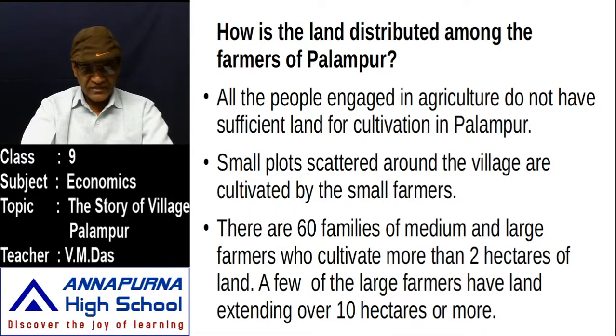These farmers generally grow jowar and maize during the rainy Kharif season, and later they also grow wheat in the Rabi season, and sugar cane can also be grown there.